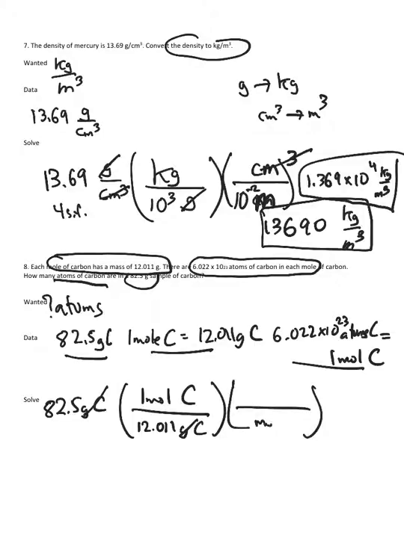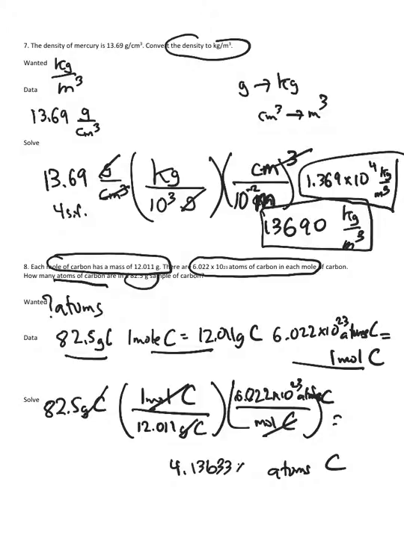And now we want to cancel moles carbon, and 6.022 times 10 to the 23rd atoms of carbon is equal to a mole of carbon. So moles carbon divided by moles carbon, we're left with atoms of carbon. And on my calculator I see 4.13633 times 10 to the 24th atoms of carbon.